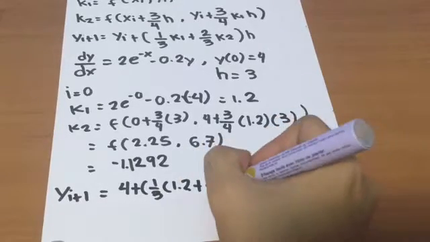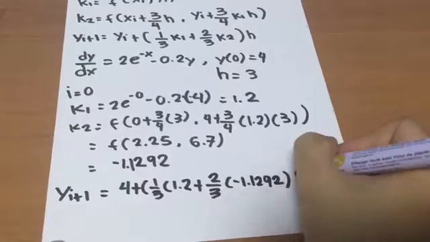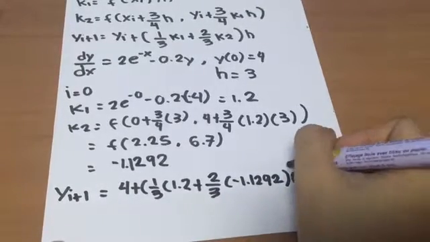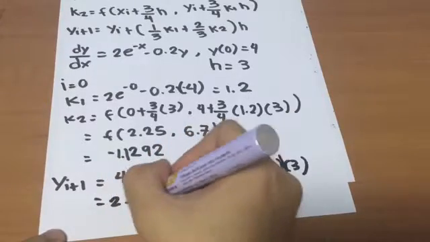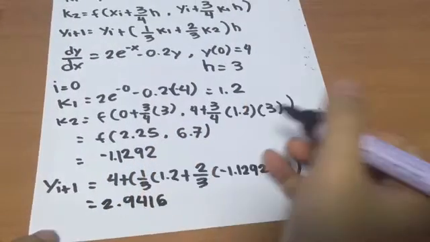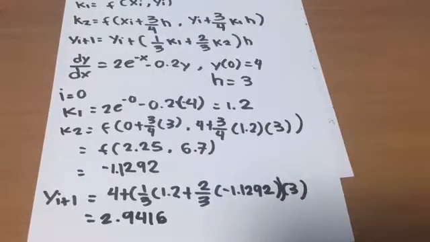So we substitute those values for our yi plus 1, and we will have the answer of 2.9416. Oh, that is relatively far from our true value, so we proceed to iteration number 1.